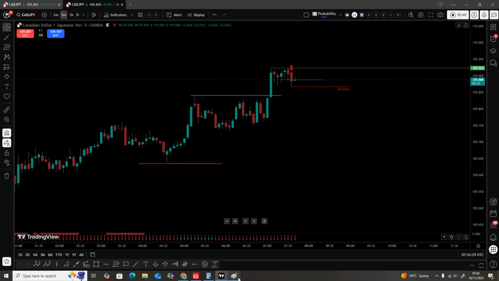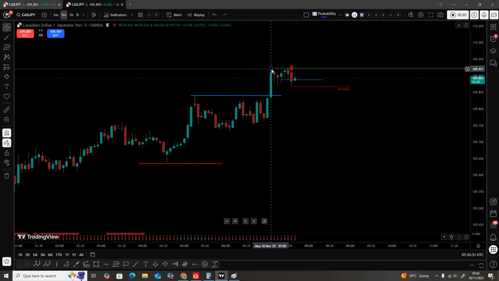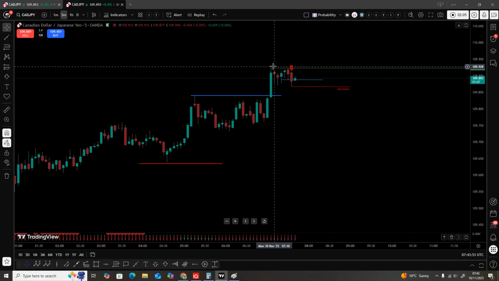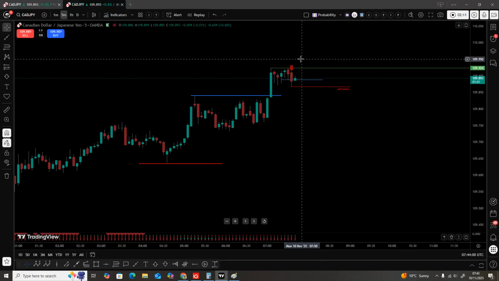The simple idea is this: if there's no follow through above the high, after the high has been broken, then we're going to look for a sell setup. So we broke above the high and there's no follow through. This is the break candle. It broke above this high and closed above it, and that candle did not have another close above it.